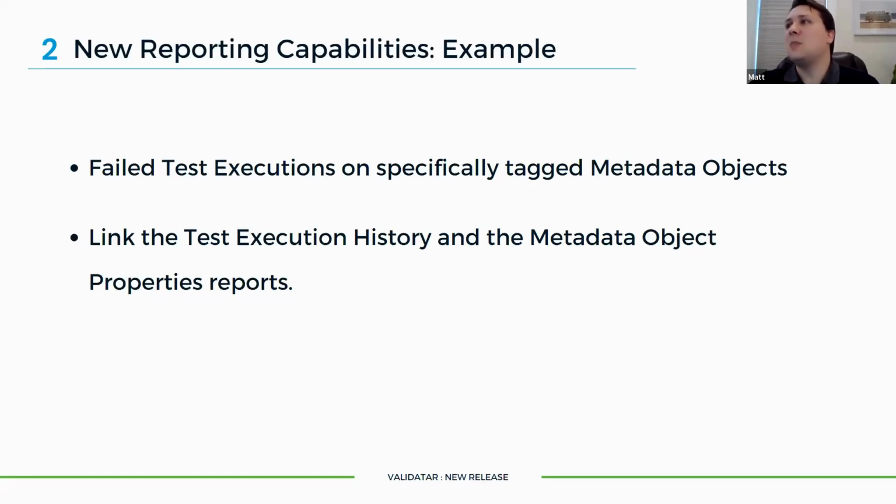But tests associated with metadata that's been tagged a particular way. And so this just gives you a lot more nuanced query logic. In order to do that, you have to link the test execution history data with the metadata object properties reports. And that's what I'm going to show you here.